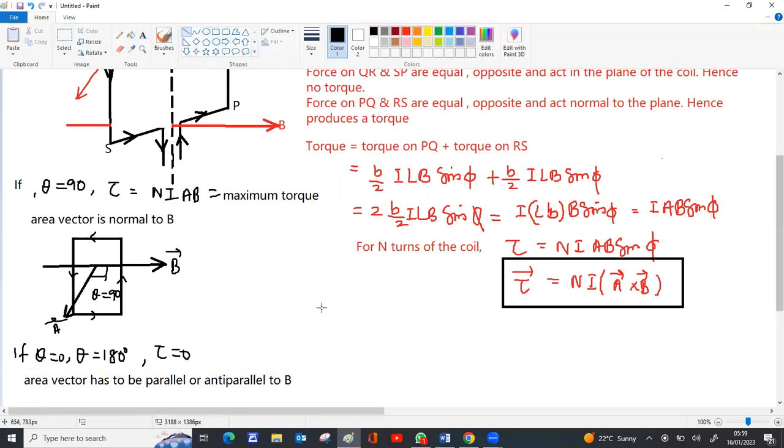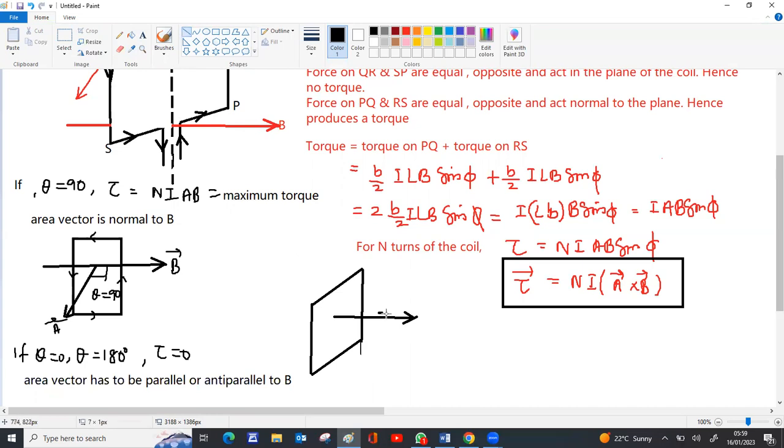So in the diagram the coil is like this, the area vector will be like this towards right.